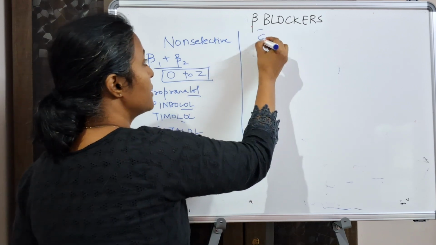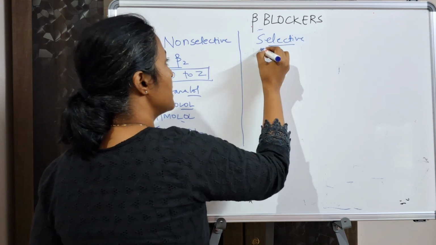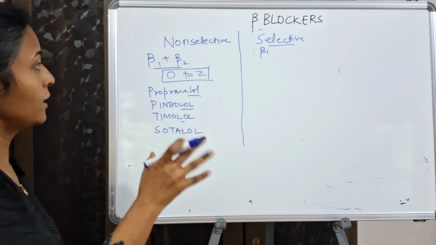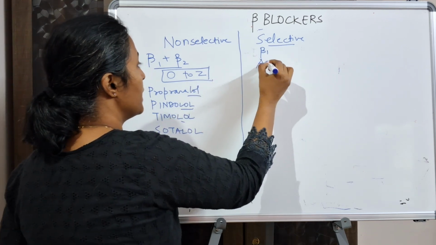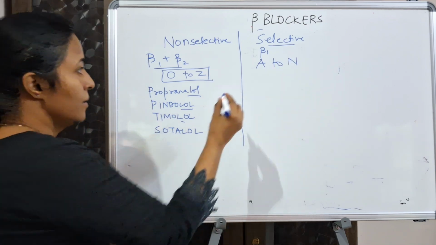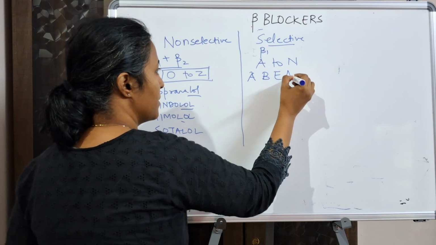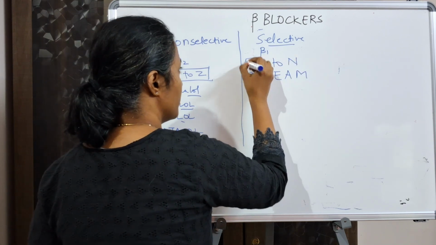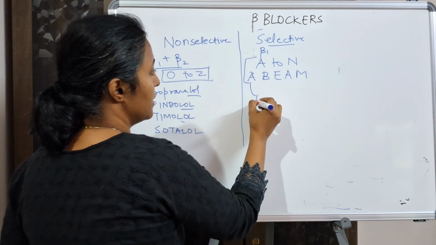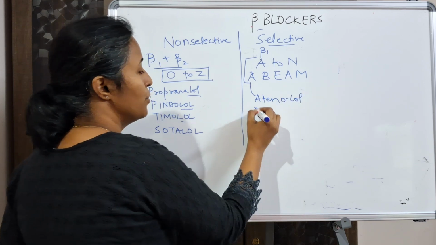Then we have selective beta blockers. Selective beta blockers, that is, these are beta 1 selective, that is cardio selective beta blockers. So what are these? All from A to N. I'll give you another mnemonic as well: A beam, and all from A to N. Both you should remember because we will see. Okay, so here we have atenolol, acebutolol.